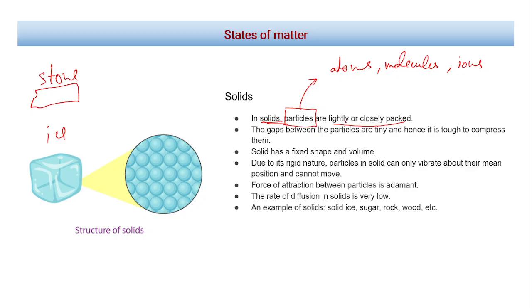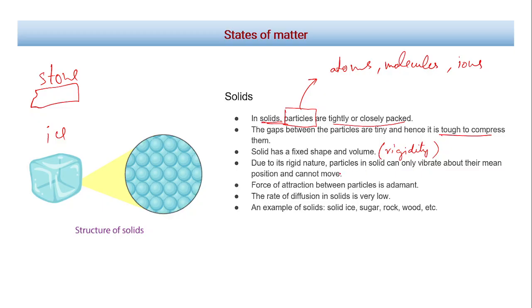So in solids, particles are tightly or closely packed. The gaps between them are almost negligible and hence they are very rigid. It is tough to compress them. Solids have fixed shape and volume. This is what I am calling rigidity. And due to its rigid nature, particles in a solid can only vibrate about their mean position and cannot move.